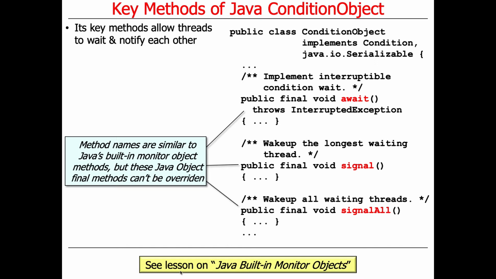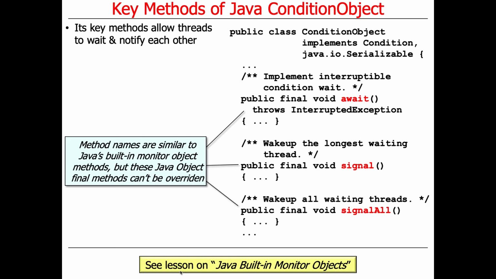But they're different, and the reason they're different is that everything inherently implements the Object class, which is the root of all classes in Java, and those already have wait, notify, and notifyAll methods in them, and because those methods are defined as final, they can't be overridden.